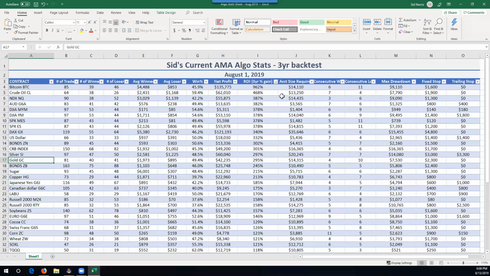But it still turned a $14,000 account into a $135,000 account plus the original 14. So that account would have turned into approximately a $150,000 account in 3 years trading Bitcoin.